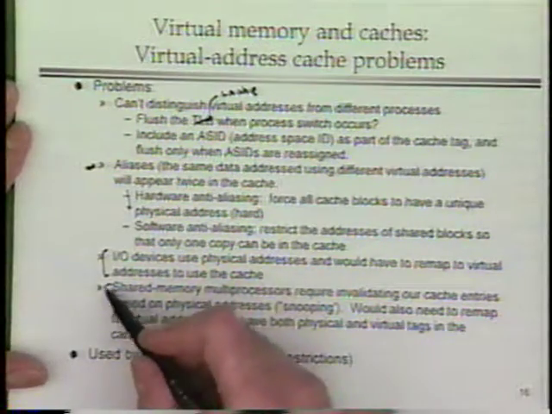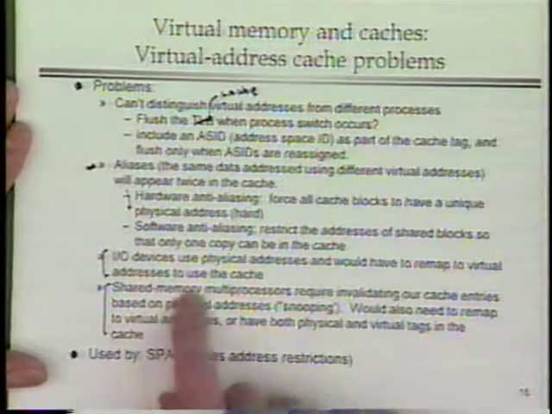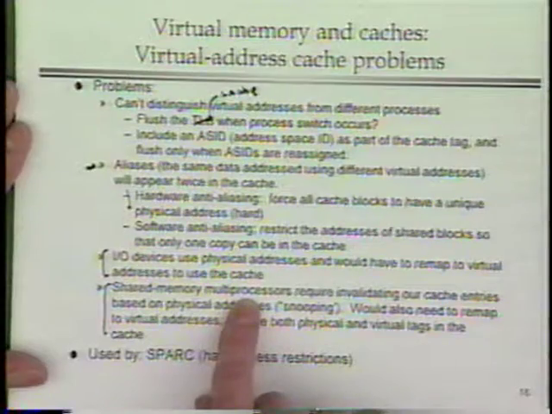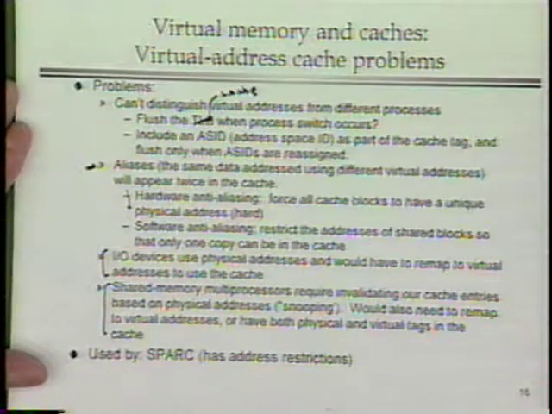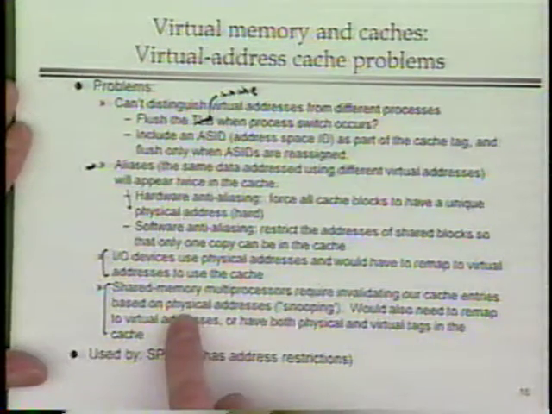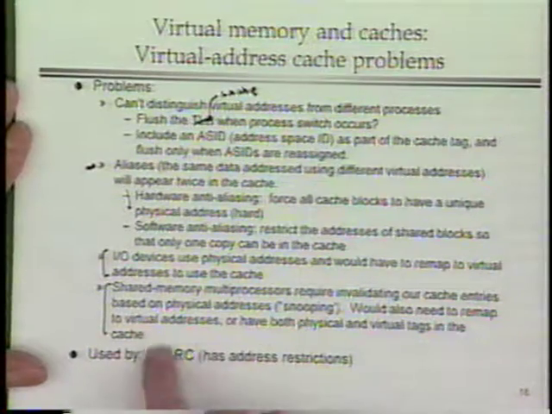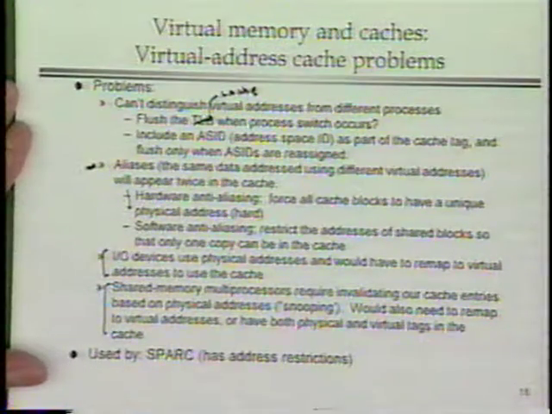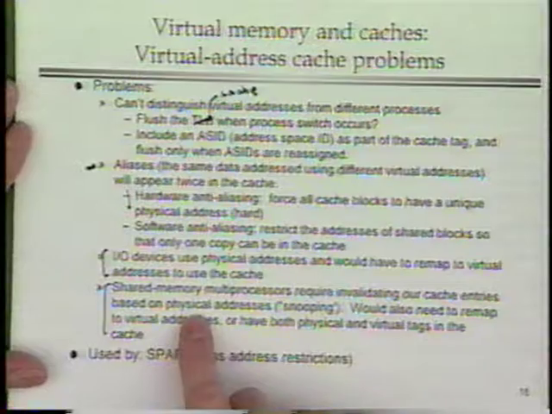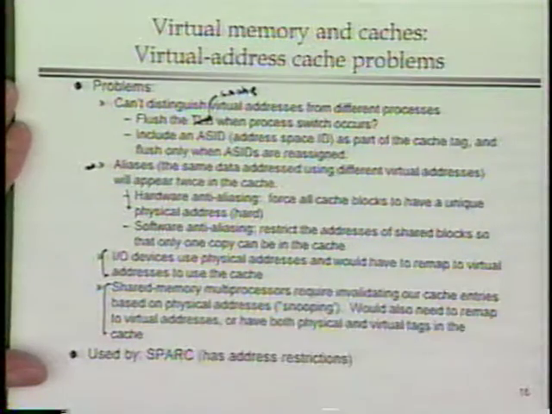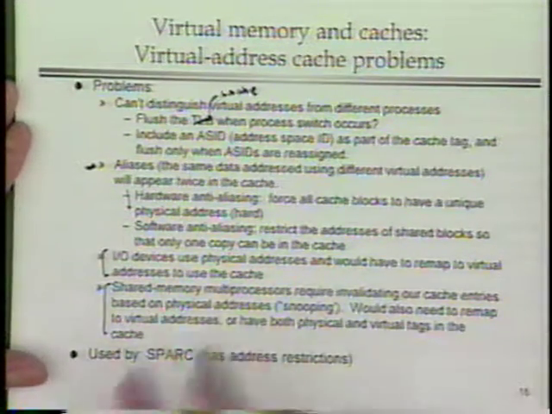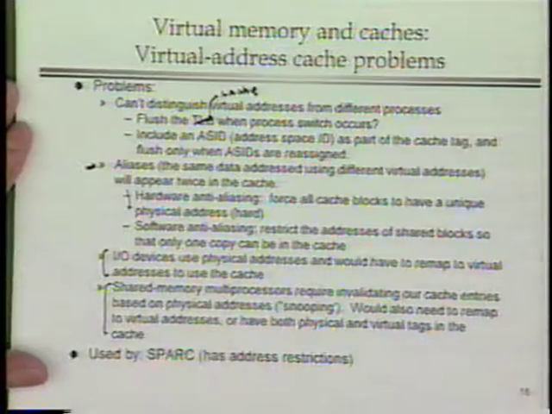In a similar vein, the shared memory multiprocessors, you can think of that as an I/O device, basically another process which is trying to access your data in the cache, would have to know about the virtual addresses and invalidate cache entries. They typically know a physical address, which is what they're trying to access, and they would have to, based on those physical addresses, understand what's in your cache, which is indexed by virtual address. So again, it needs a kind of remapping to virtual addresses.